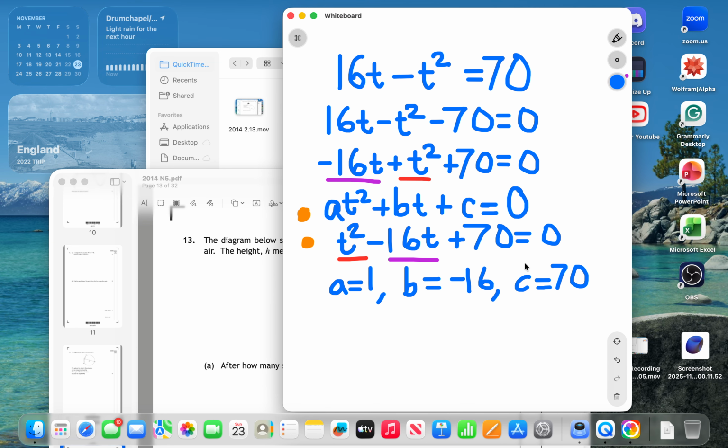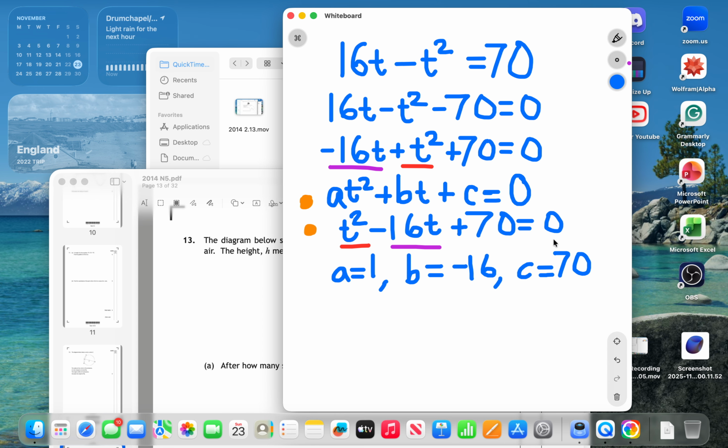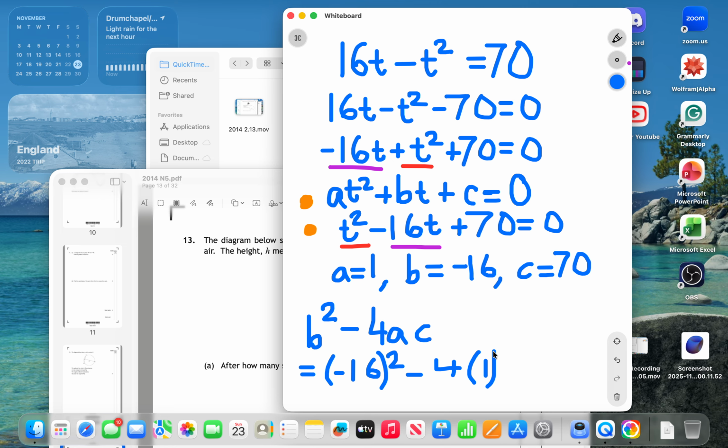But back to what we had, we're going to then calculate b squared take away 4ac, and we get minus 16 squared take away 4 times 1 times 70.